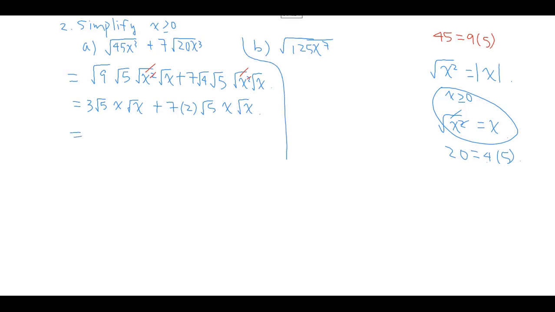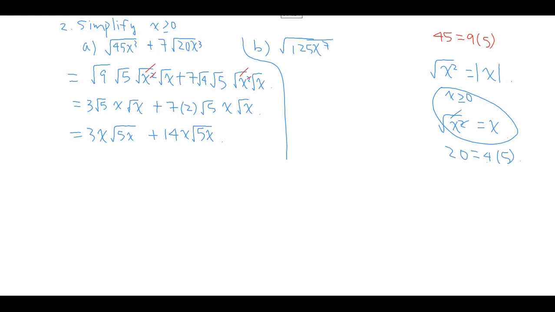And now we can rewrite. You have multiplications. You can write 3 times x, and then the square root of 5 times the square root of x. That's the square root of 5x. And very similarly, you have 14x times the square root of 5x.